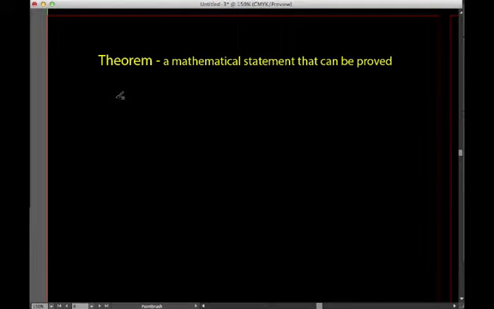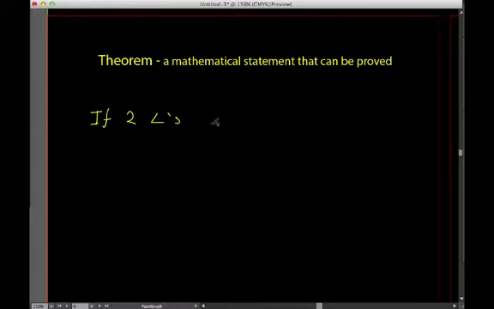So let's look at a theorem, our first theorem here. If two angles are right angles, then they are congruent. So if two angles, and I'm going to denote angles using this kind of angle symbol and then apostrophe s.